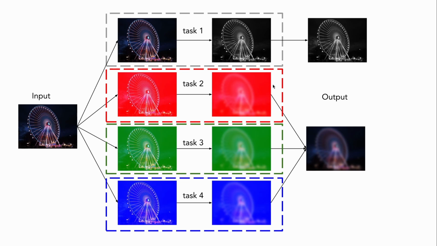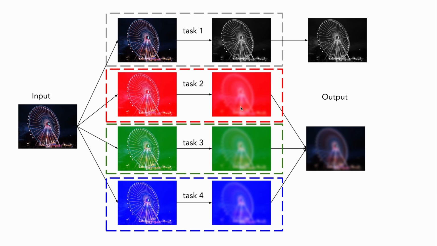For the blur effect, we're gonna divide the image in 3 channels. So it's gonna be a JPEG image. We can represent that JPEG image with RGB, okay, red, green, blue channels. So we are gonna convert the original image to extract the channels, and each task is gonna process the blur effect per channel.